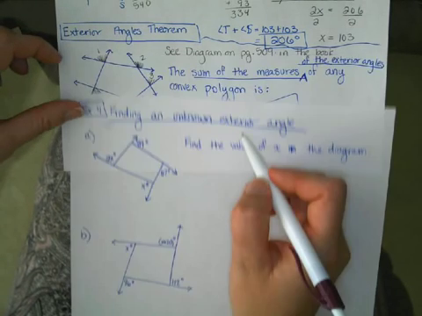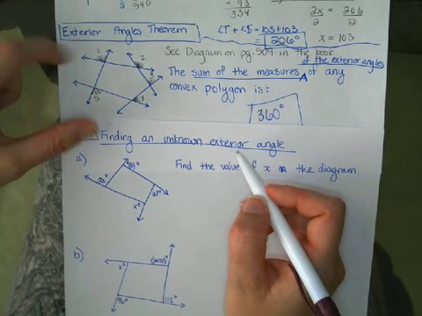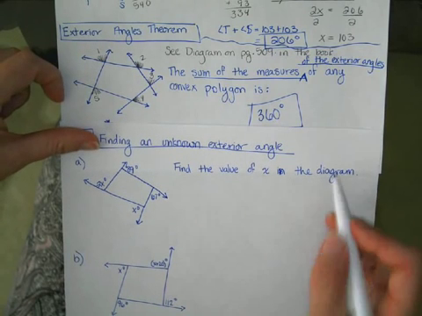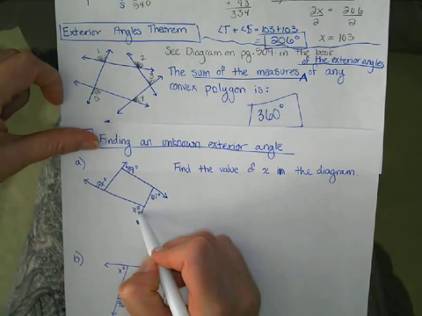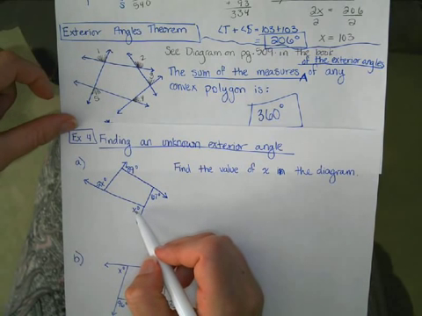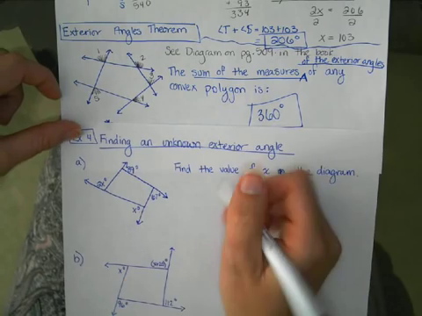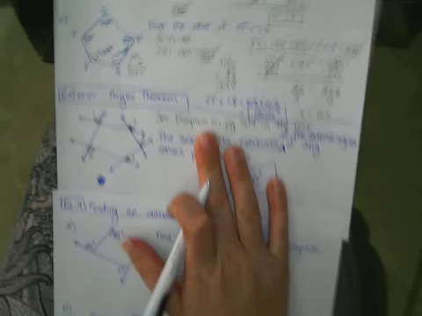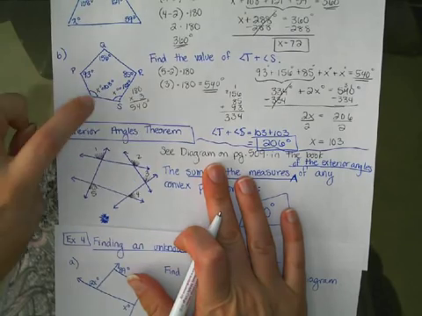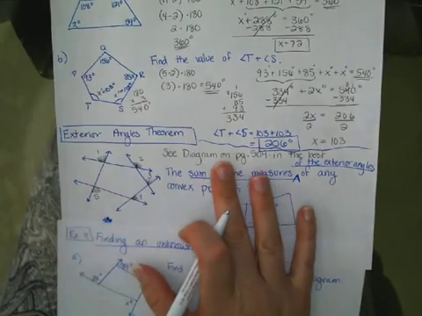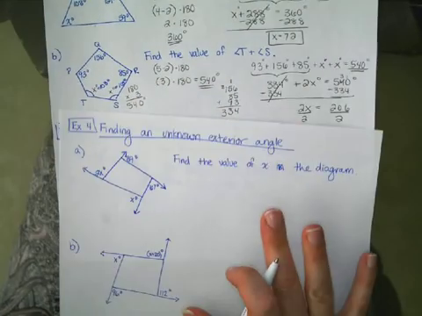But now we know it's automatically 360. So here I have 89 plus 67 plus x plus 2x equals what? Good. I'll make a note here. This is from the theorem, the exterior angles theorem.